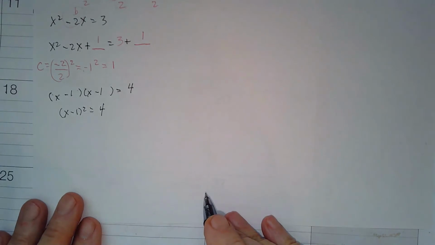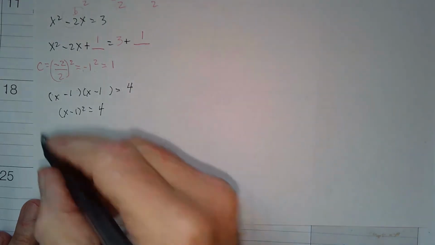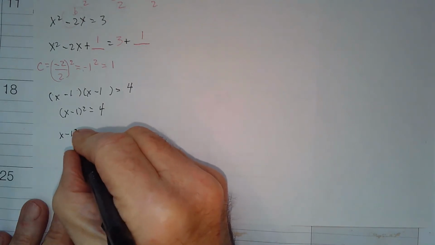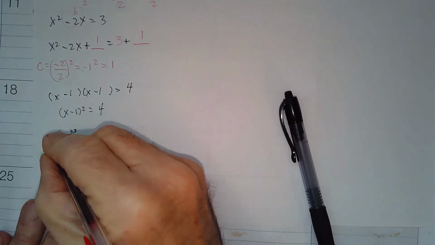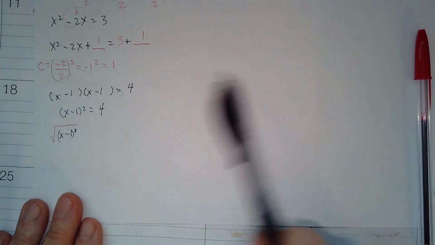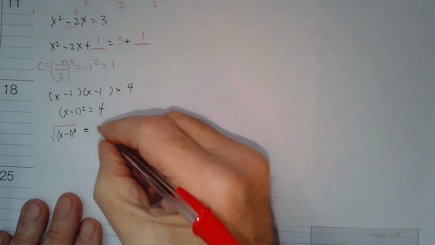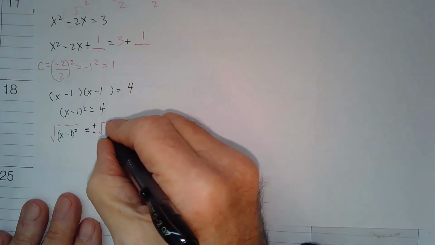Right? All right, so now we're going to go ahead and do the square root of x minus 1 squared. So we're going to take the square root of that, and that's going to equal the square root of, well, this is plus or minus, so we're going to do plus or minus the square root of 4.